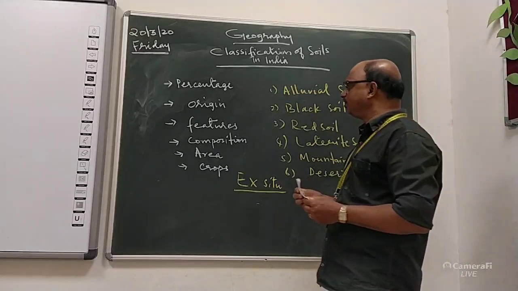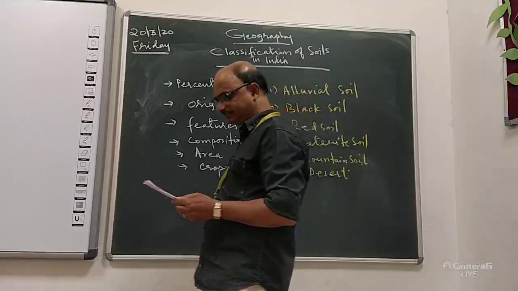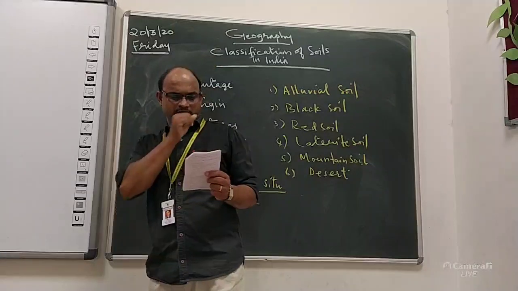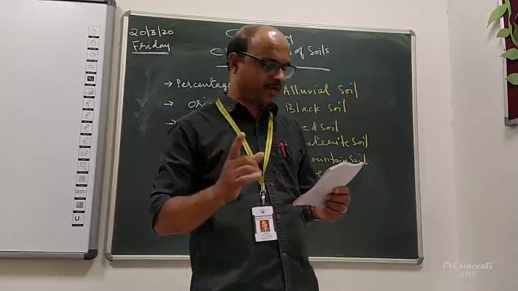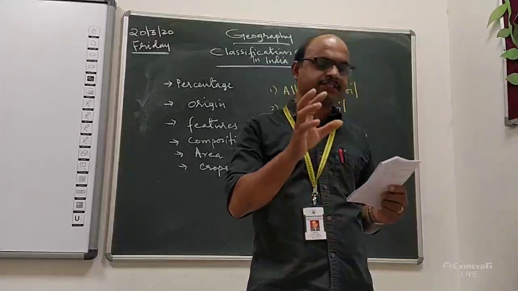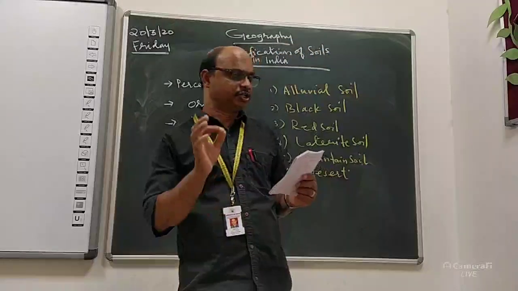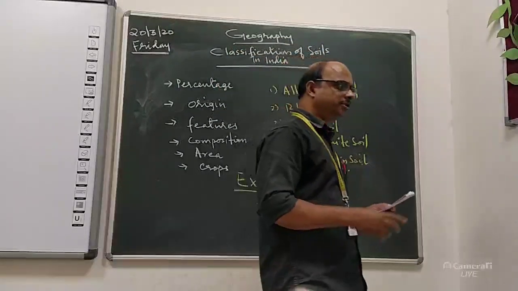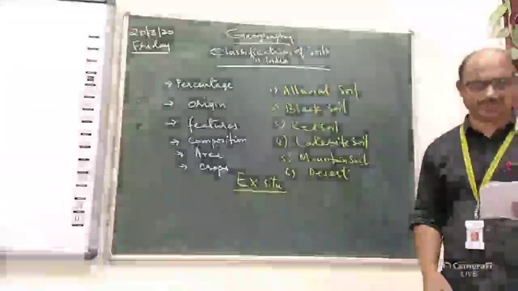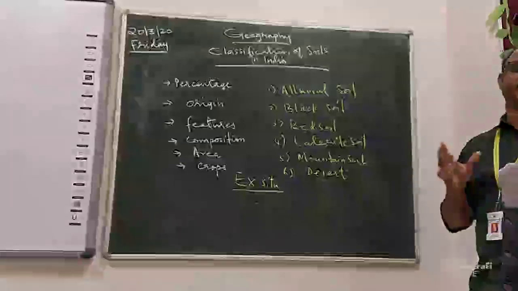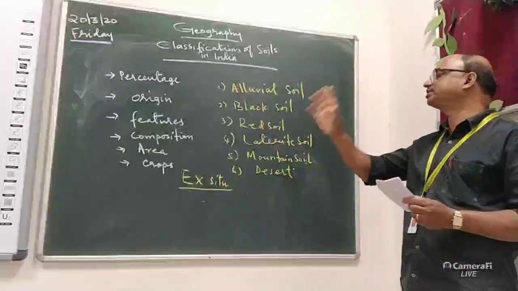So now we have to understand its composition. Composition is very important. You see, it is rich in potash, lime, and a certain part of humus. Anyway, here we have to understand that it is rich in potash and lime. But there are certain chemical compositions which are less in this soil, which are phosphorus and nitrogen. In some areas humus content is there, in other areas humus content is less.